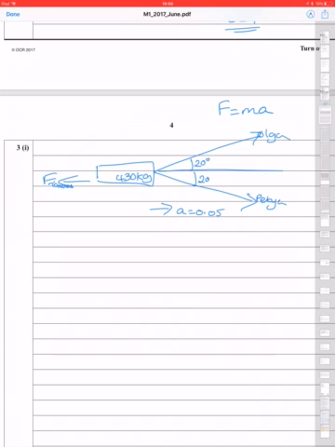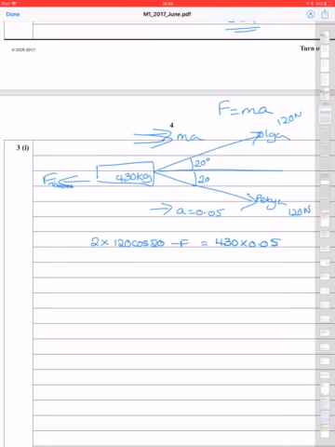I've got 2 times. They're pulling with 120 newtons, 120 cos 20, minus that frictional force must be the overall mass times acceleration, Newton's second law, which is 430 times 0.05.